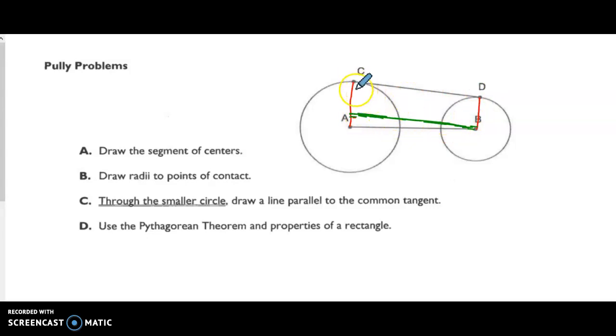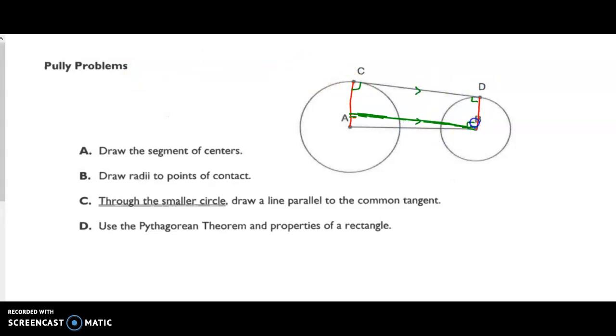And so what happens is we know that what we're essentially drawing here is a rectangle, because this is 90 degrees. Remember, from the radius to the tangent line, that's always 90 degrees. So that's 90 here and 90 here, and these are parallel.